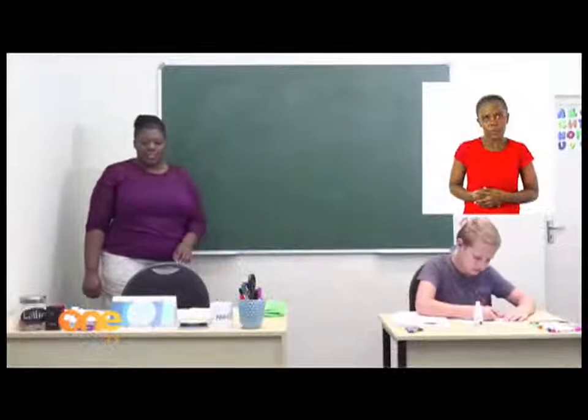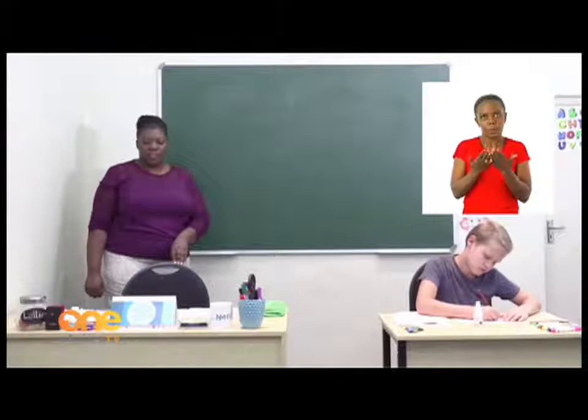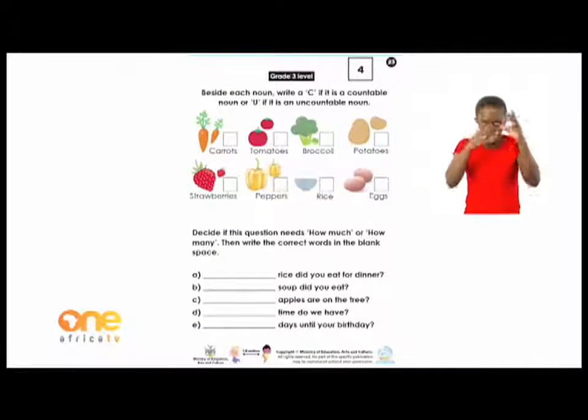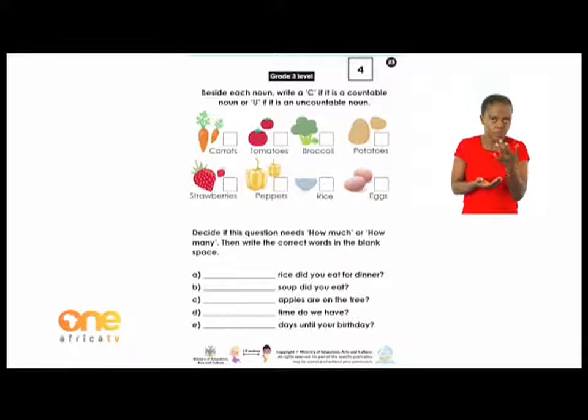This activity is coming from page 23. We are going to learn about new nouns, countable nouns and uncountable nouns. You are supposed to write a C on countable nouns and a U on uncountable nouns. What is a countable noun?